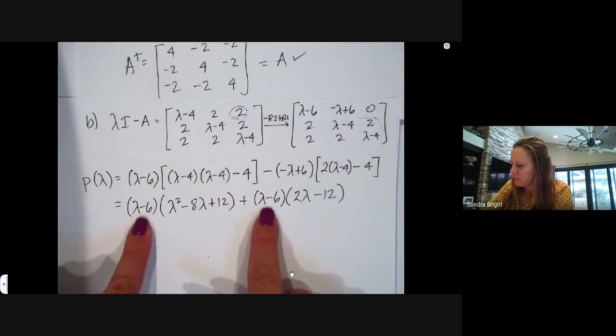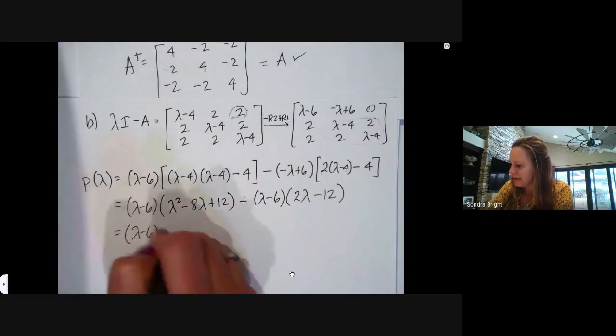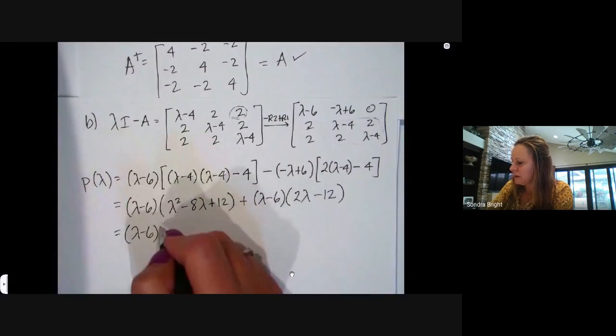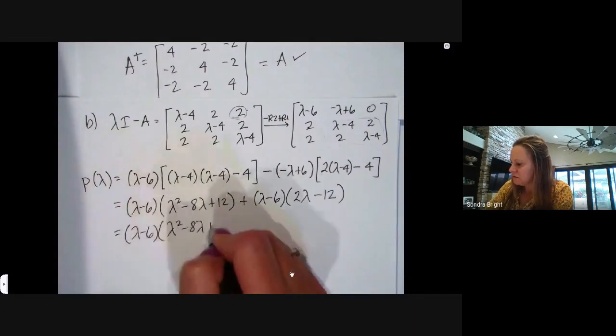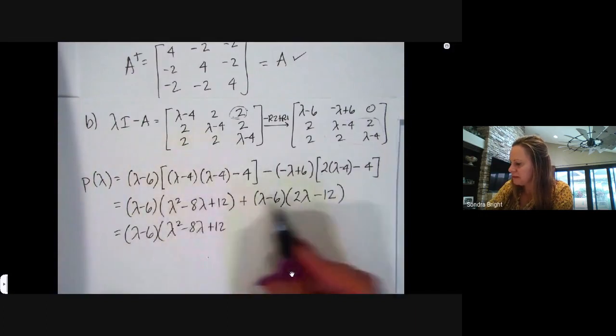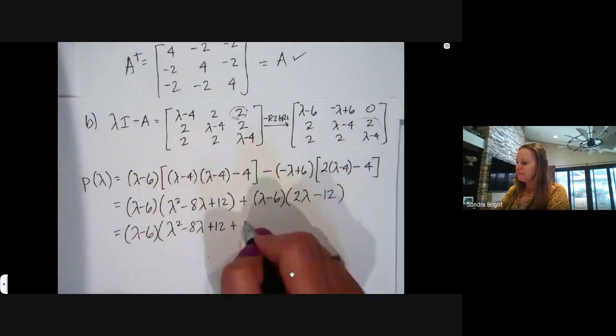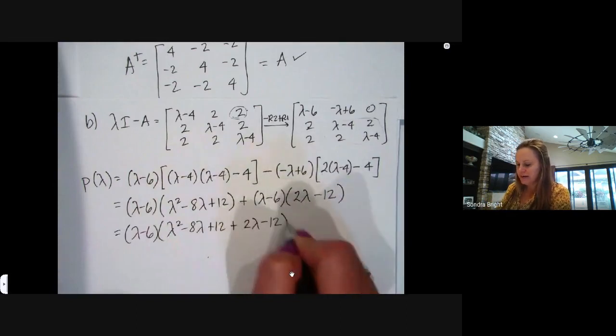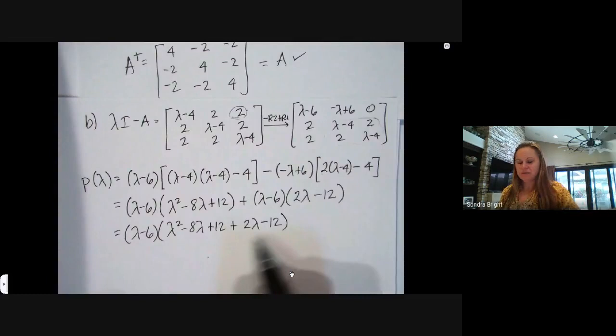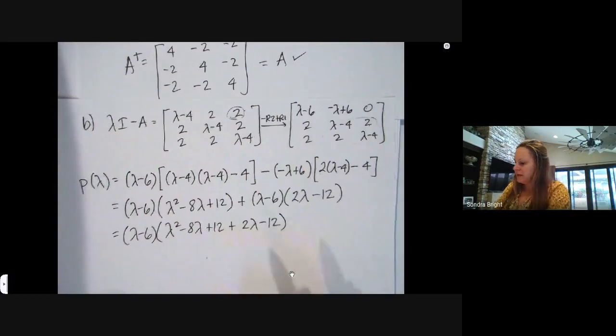I would be left with a lambda squared minus 8 lambda plus 12 plus 2 lambda minus 12. Combine like terms here and get a lambda minus 6 here.